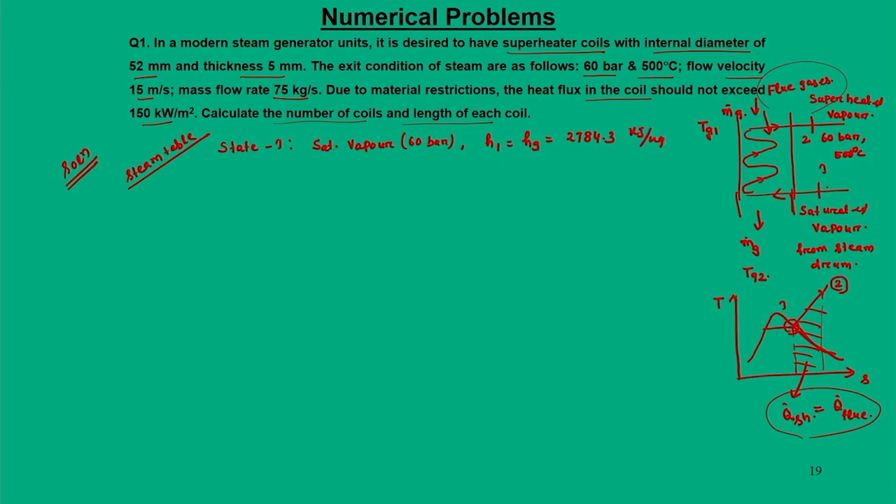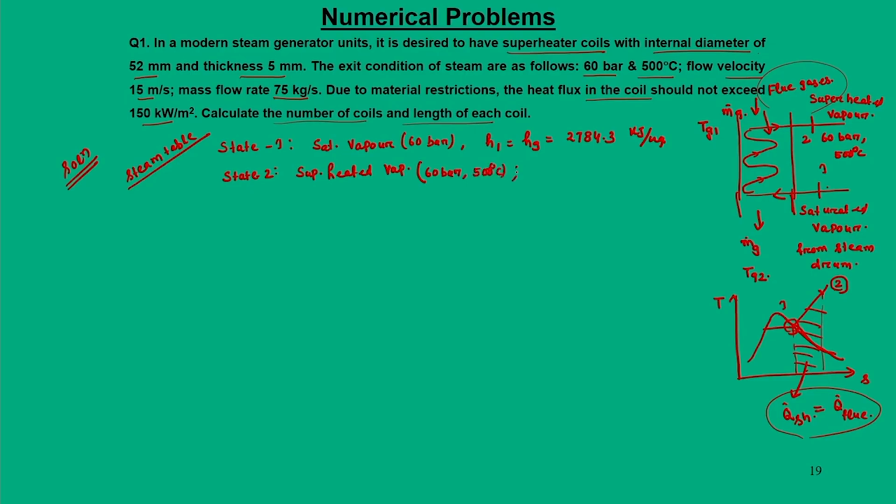kilojoule per kg. And state 2, which is normally at this point, is superheated vapor, and that coordinate is 60 bar, 500 degree centigrade.